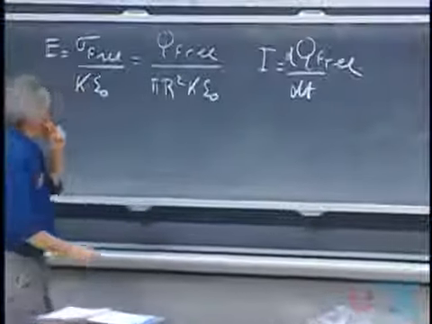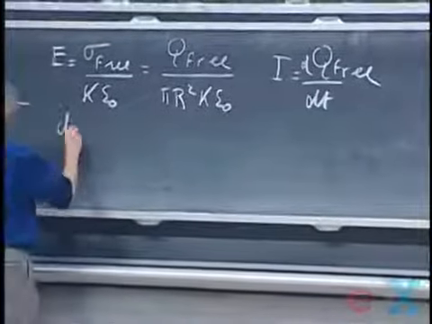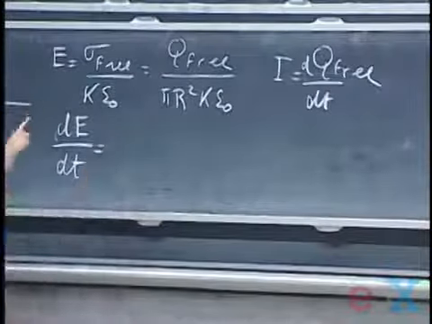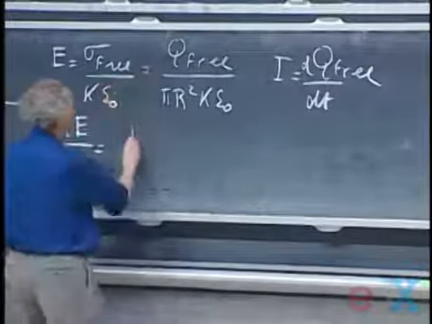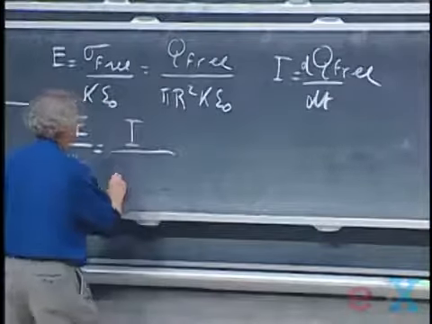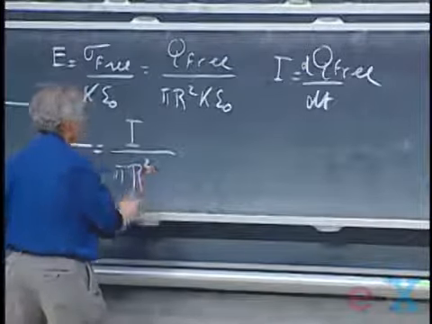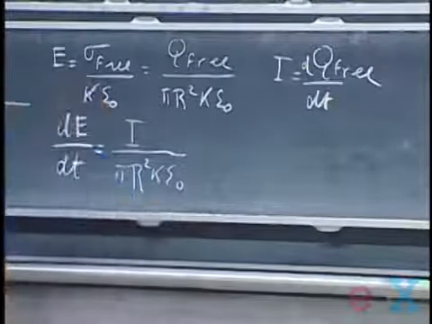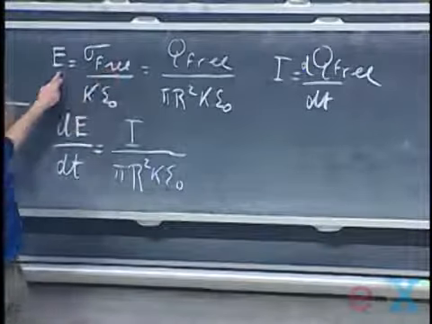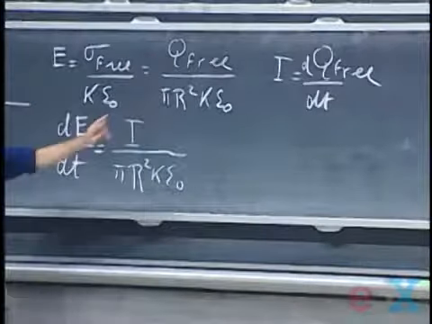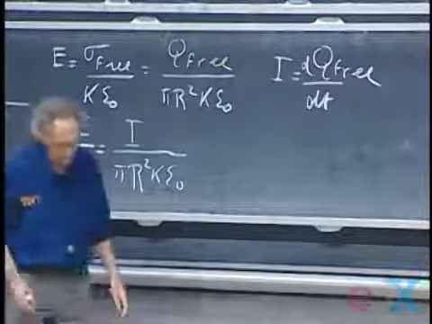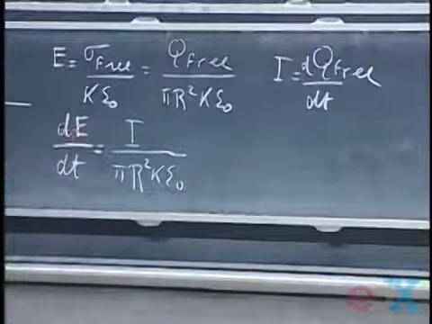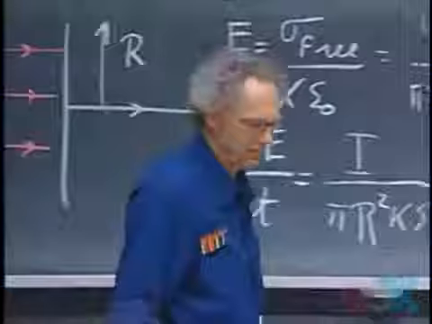And so I now have a changing electric field inside the capacitor, dE/dt, which is the current I divided by pi r squared kappa epsilon 0, because I simply take the derivative of this equation, I get dQ/dt, and dQ/dt is I. And only if the current is 0 is there no changing electric field inside.